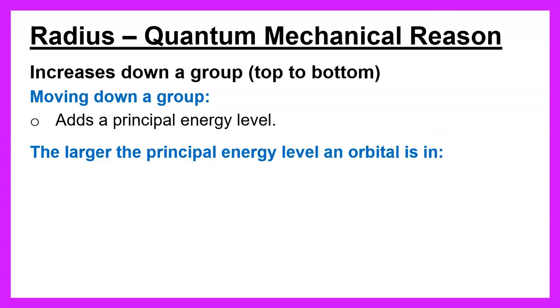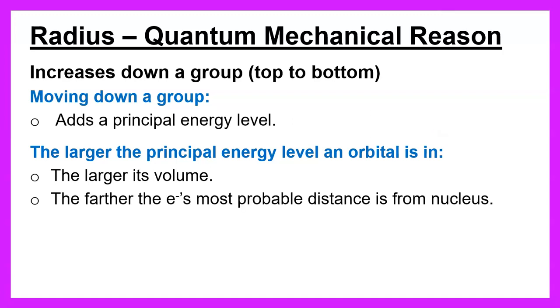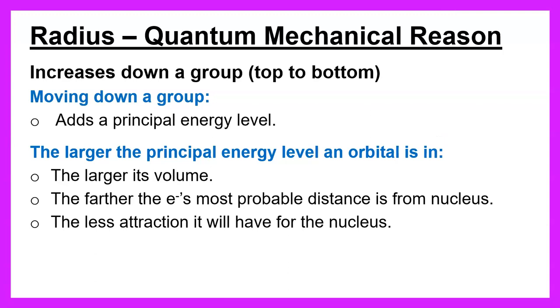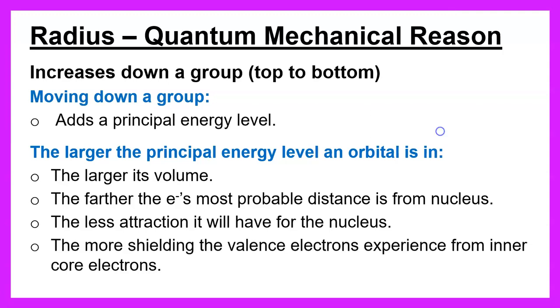The larger your energy level, the larger the volume of the orbital, the further the electrons will be from the nucleus, the less attraction you'll have to the nucleus. There will be more shielding, right? Less attraction, larger, further away. All of those things result in the radius being larger.